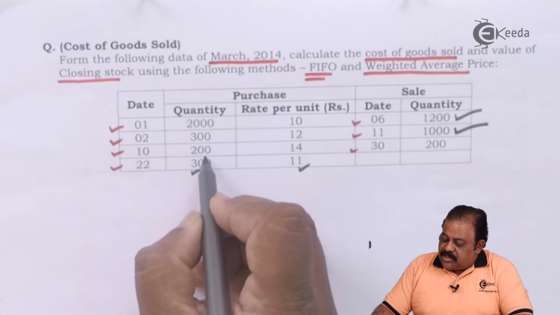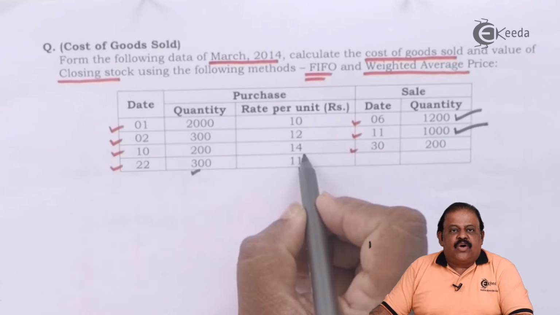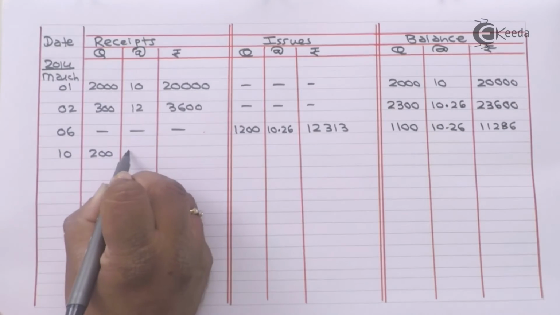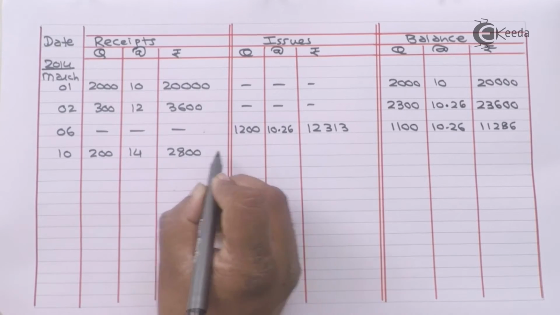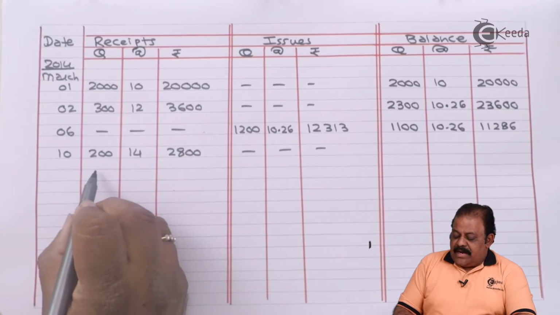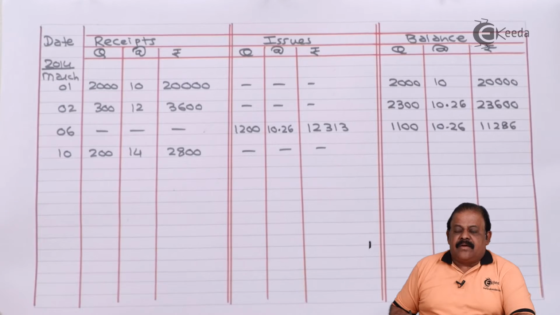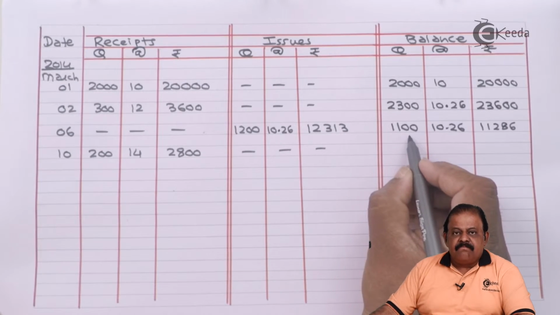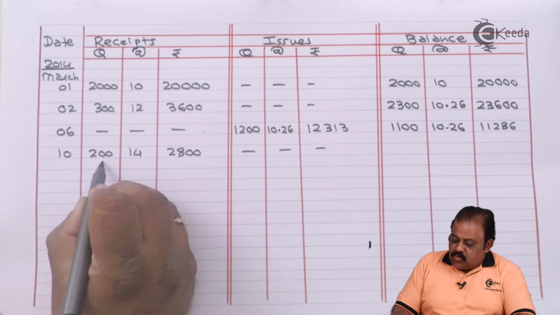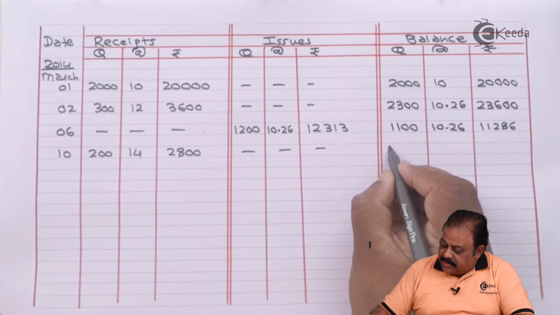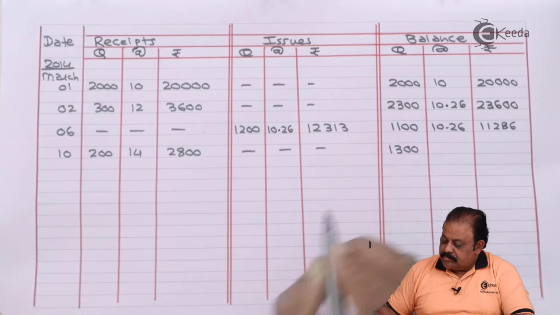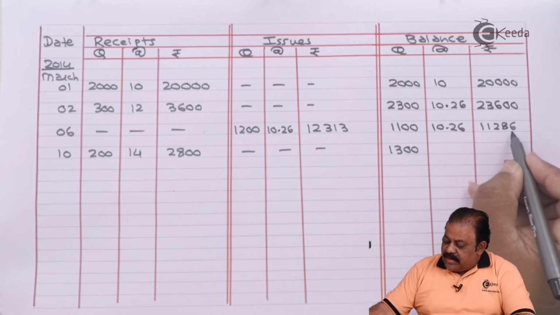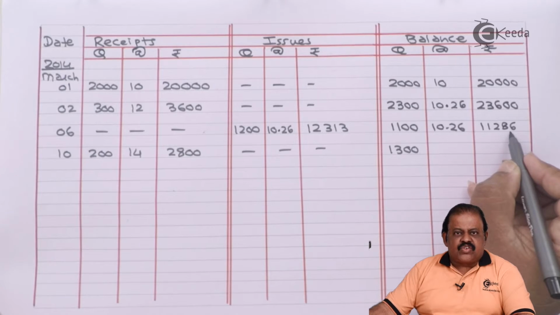On 10th, there is purchase of 200 units at the rate of 14, 2,800. Now we have closing balance 1100. To this we will be adding this 200, so it will become 1300. 11,286 existing stock value.